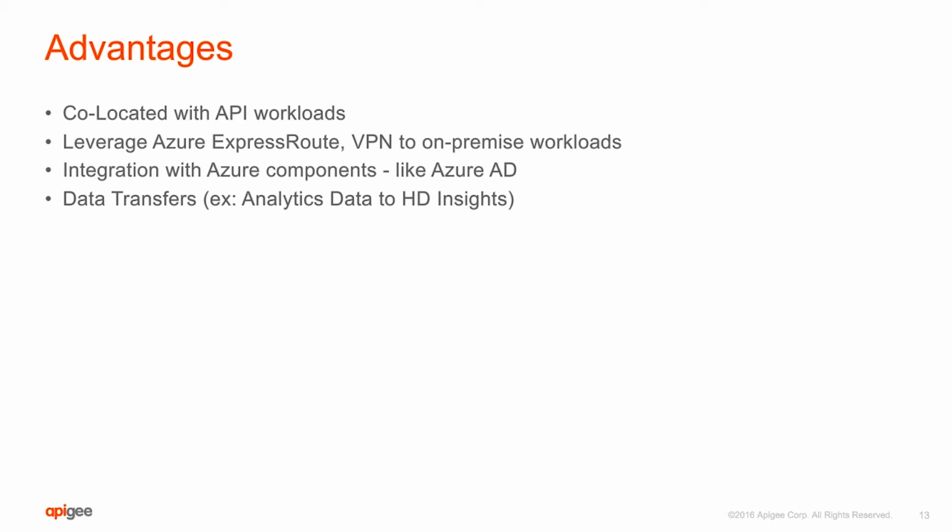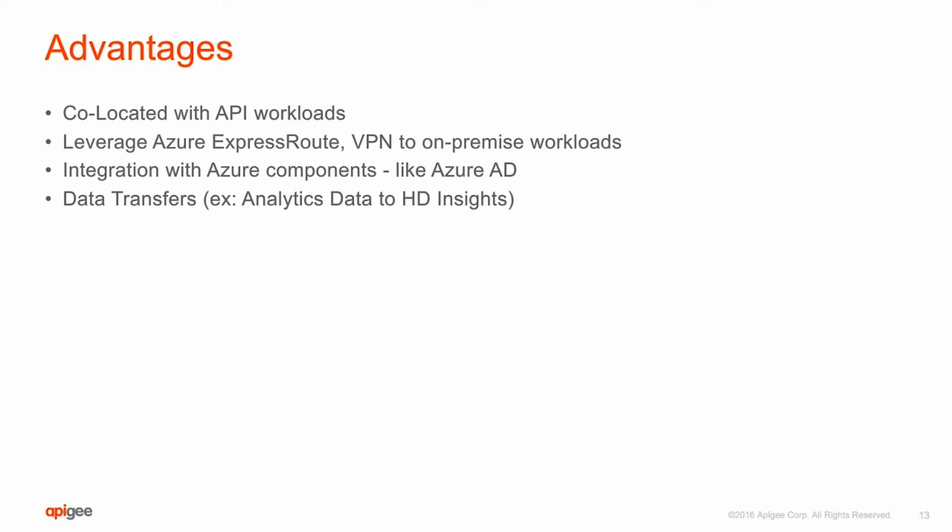And the other thing that we heard from customers is data transfers. The data ingress to clouds is pretty straightforward. It's not very expensive, but data egress is very expensive. With Apigee on Azure, you should be able to pull out data from Apigee, especially the analytics data, because Apigee being your API platform, you're getting a lot of intelligence around who is using your APIs, which partner is consuming, which app is becoming more successful.